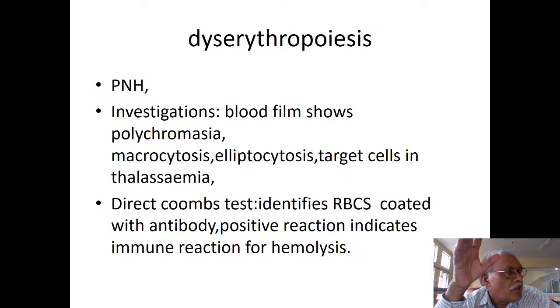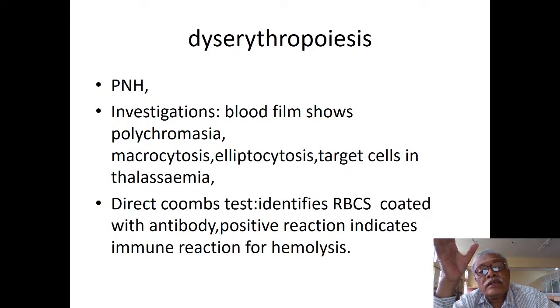That means many RBCs will have different colors, not Leishman colors, but the pink color of the RBCs will be decreasing in intensity, with hypochromia, increased vacuolation and variation in size.